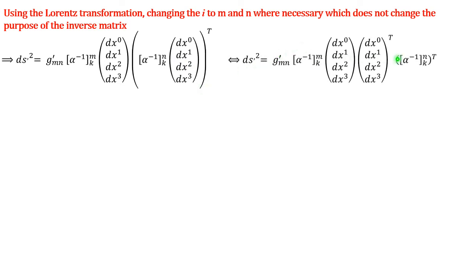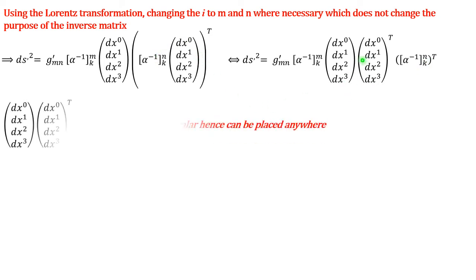So you see that the positions have changed. Now I have to be careful with the term in the middle. The multiplication in the middle, these two matrices, is a scalar, hence can be placed anywhere. You understood previously that this matrix gives you a scalar quantity, so you can place it at the end or in front.